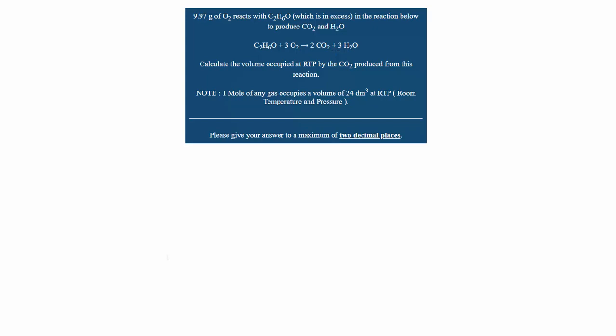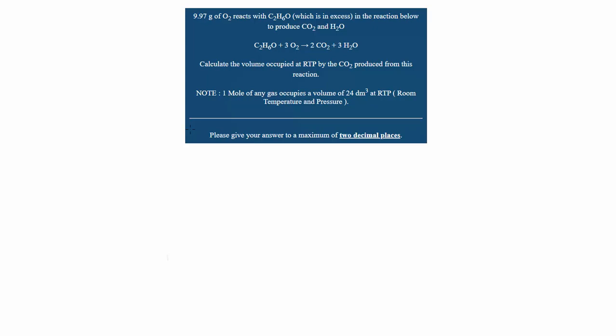But what we are given is the grams of oxygen. And we're also told that C₂H₆O is in excess. In this case, we are assuming that the combustion which did take place was complete combustion.